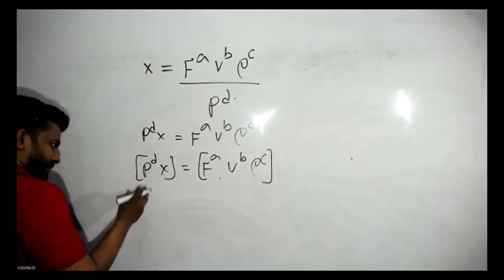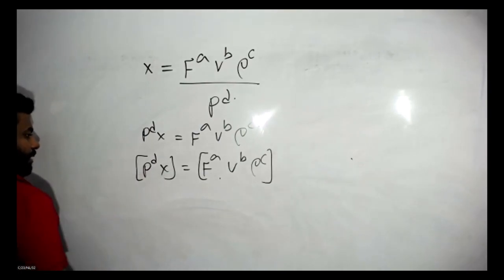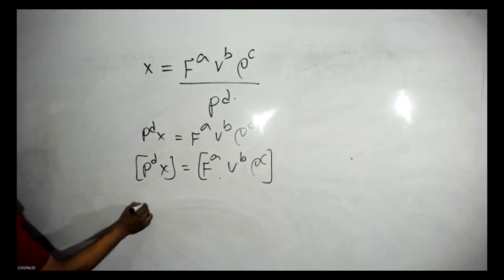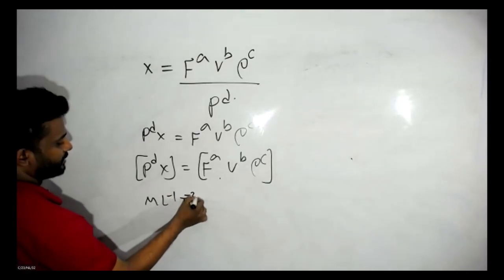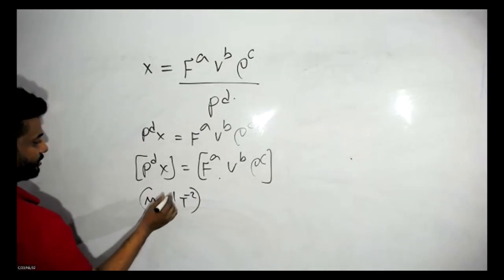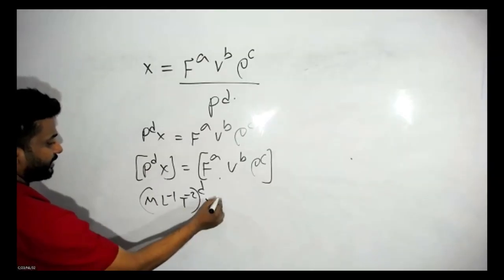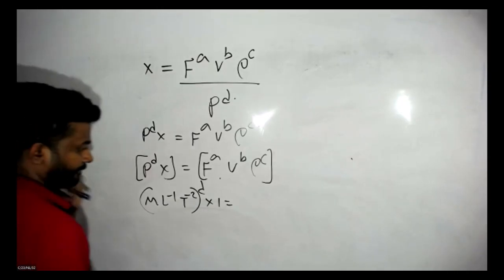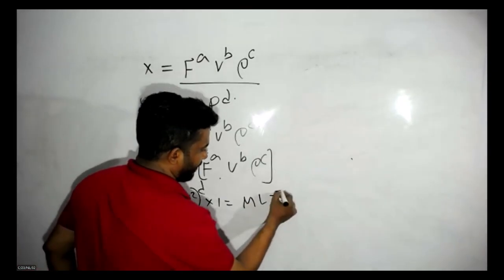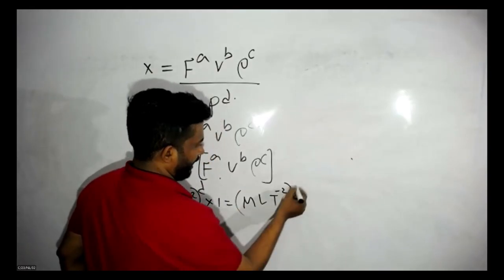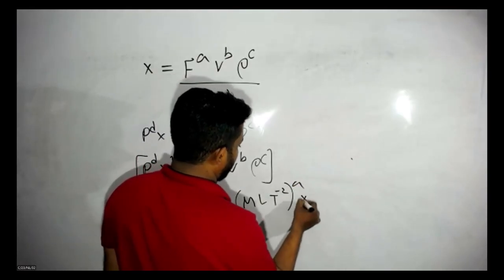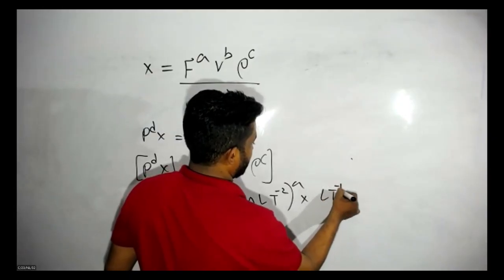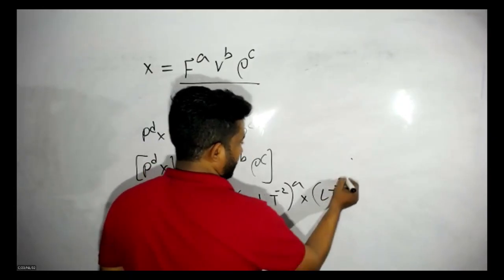Dimensions of pressure is M L to the power minus 1 T to the power minus 2, to the power d. This one, x, is a dimensionless constant. Dimensions of force is M L T to the power minus 2, to the power a. Dimensions of velocity is L T to the power minus 1, to the power b.